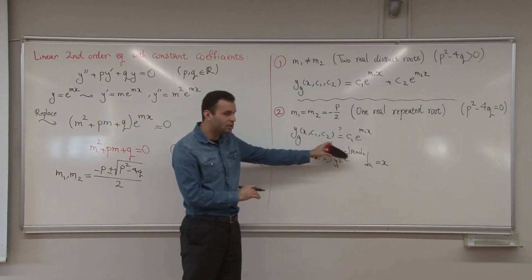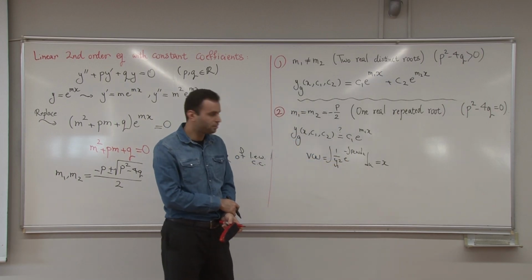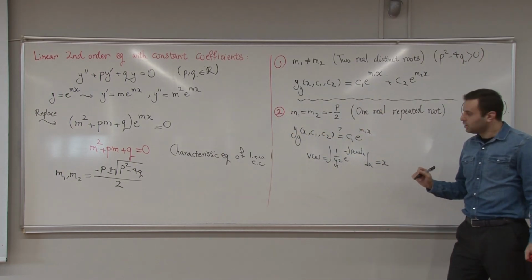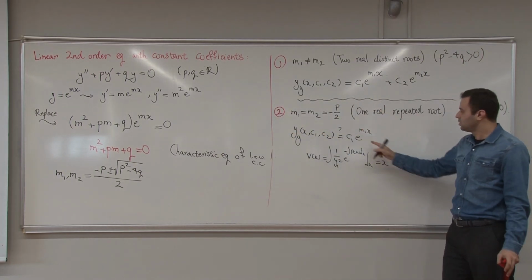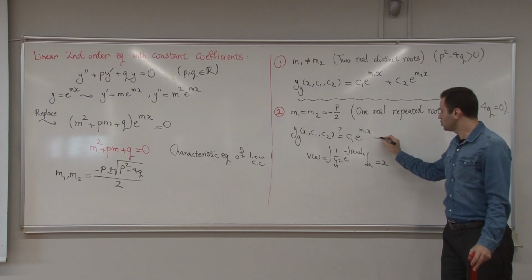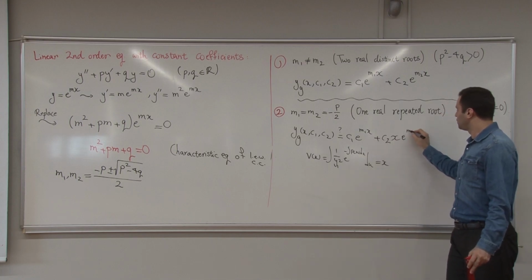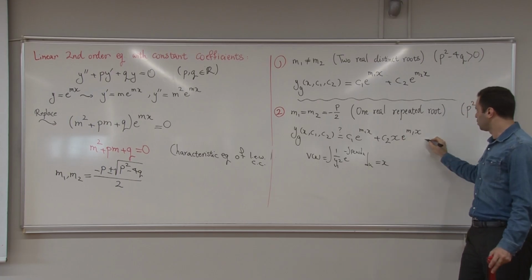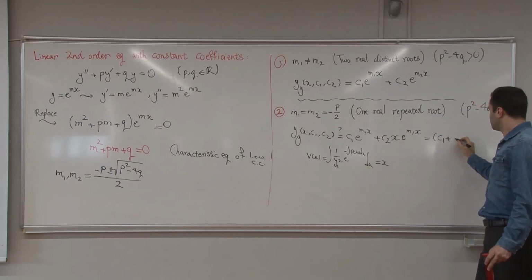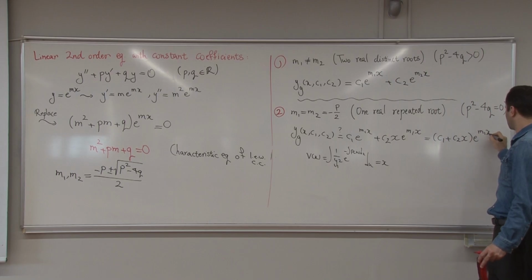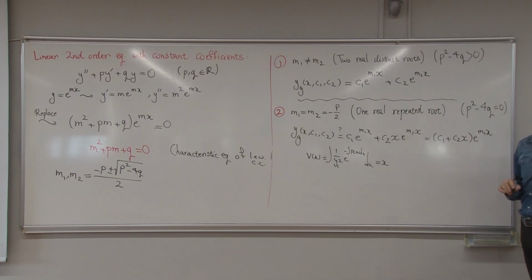If you do the calculations, we have done it last week. So what is our y2 then? It is x times our first function. So it is going to be c2 x times e to the power of m1x. Or you can write this as c1 plus c2x times e to the power of m1x. Whatever works.